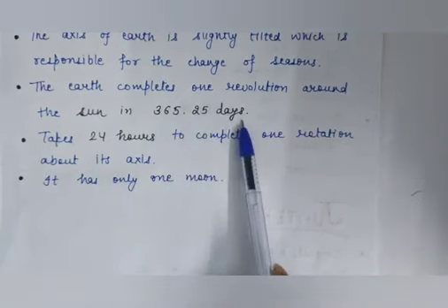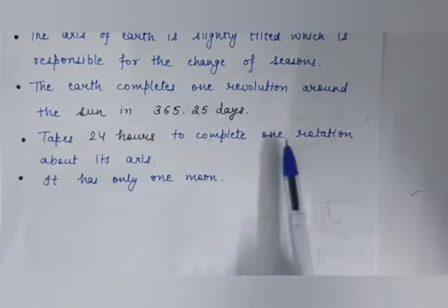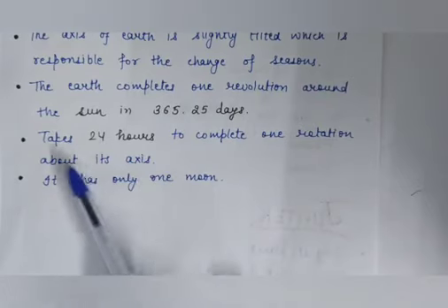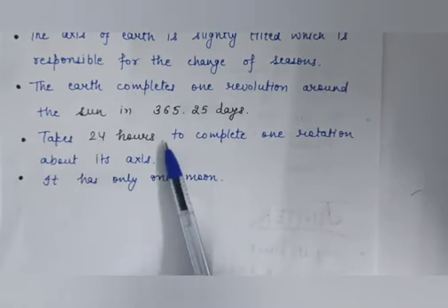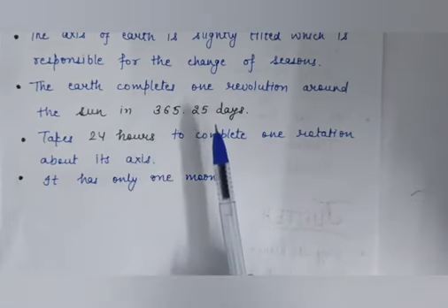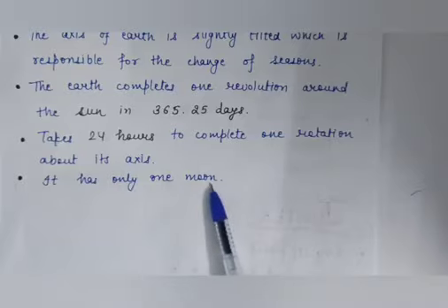And it takes 24 hours to complete one rotation, because Earth rotates about its own axis. That's why there are 24 hours in one day. And it has only one moon.